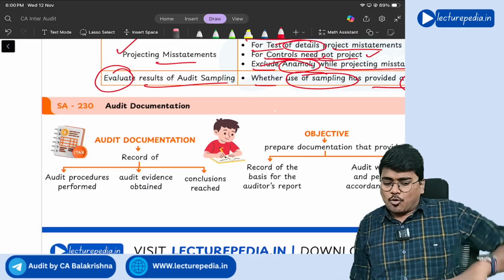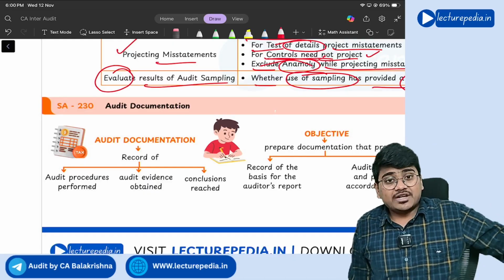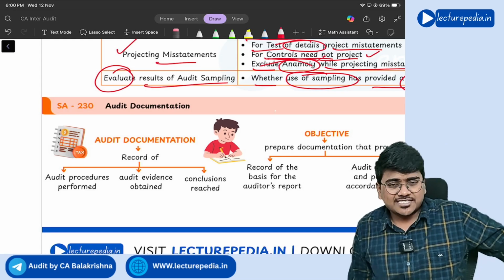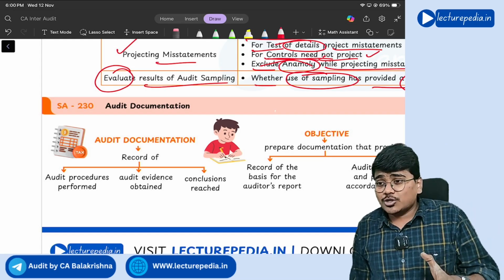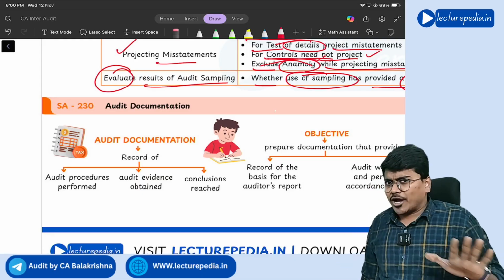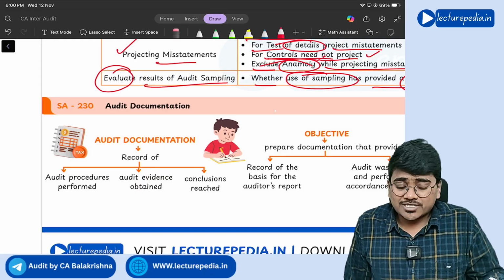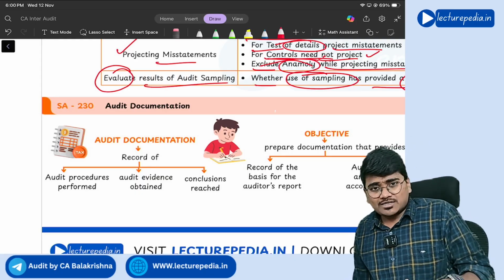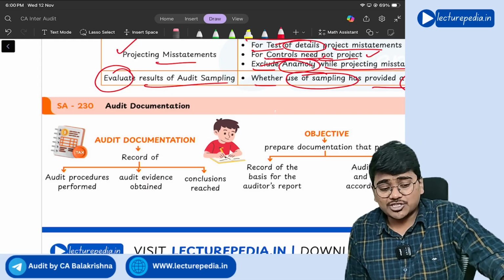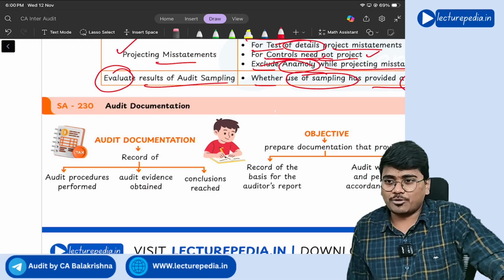Okay, so whatever evidences that you have gathered, whatever procedures that you have performed, all those things need to be properly documented. Why should you document? Because if you don't document, you cannot prove in the future that you have performed this work properly.